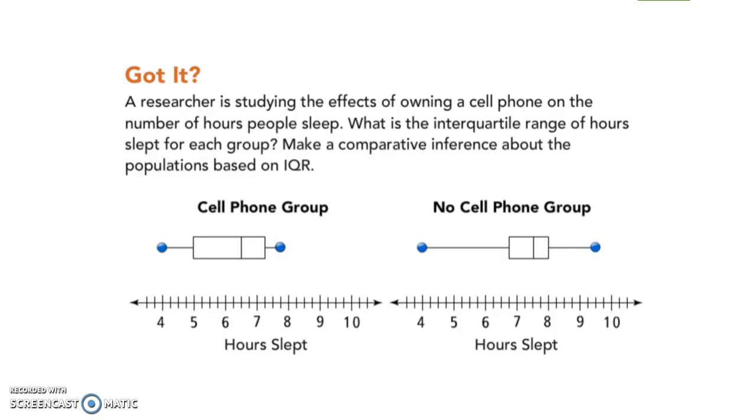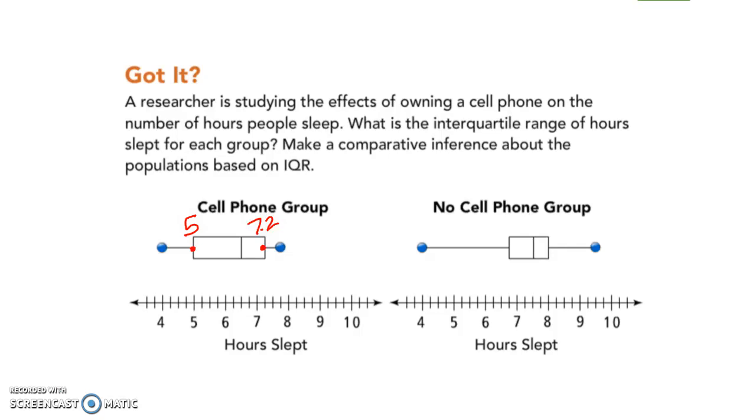So let's try this one. We have two different box plots. They're asking us to find the interquartile range of hours slept, making a comparative inference. So first let's find the interquartile range. Remember that is going to be Q3 minus Q1. So this looks like it is 7.2. This one is at 5.